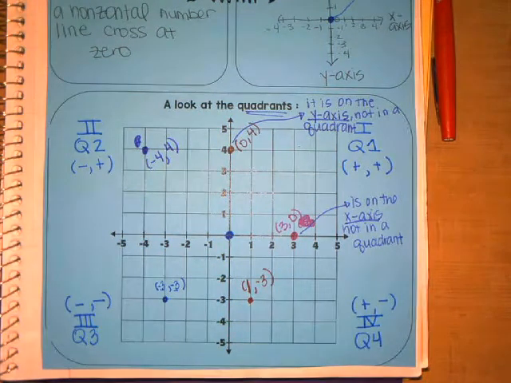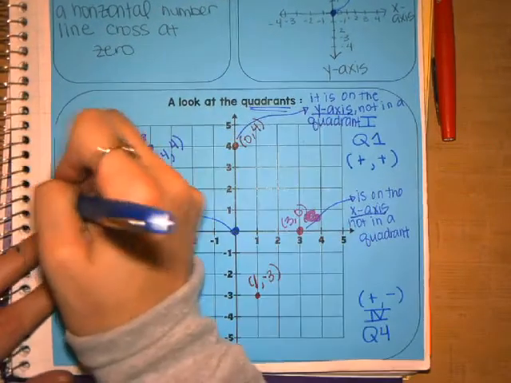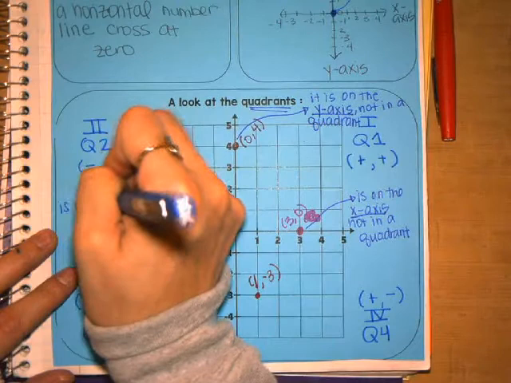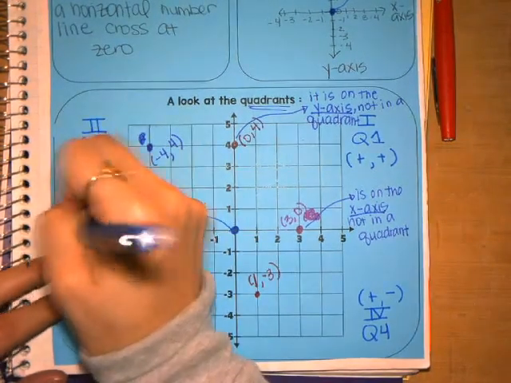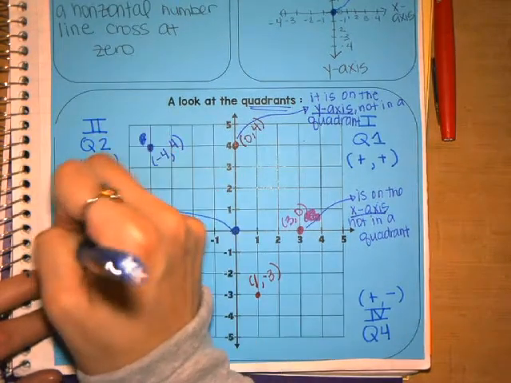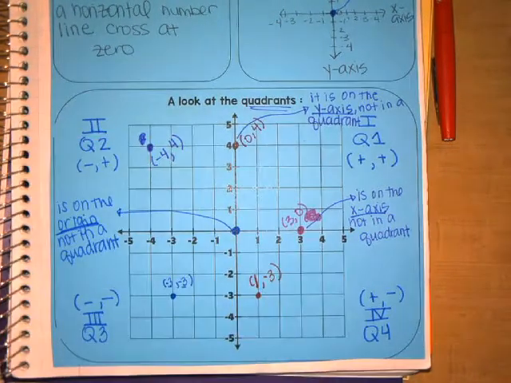What quadrant is that point located in? What do you think, Eliza? Would you say the origin? You would say the origin, because is that point in a quadrant, guys? No. So it is on the origin. It is not in a quadrant. So if it's on the origin and they ask for a quadrant, you say origin. If it's on the x-axis, you say x-axis. If it's on the y-axis, you say y-axis. Is that understood? Does that make sense?